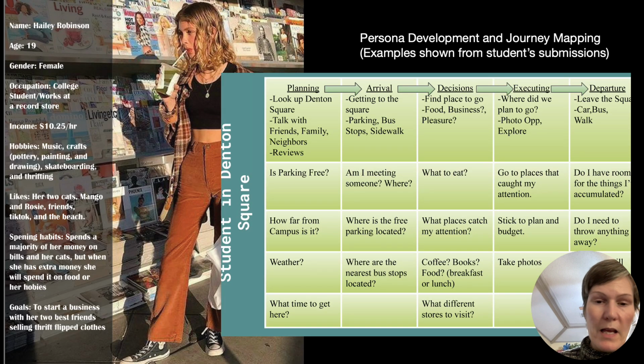So the students then created various personas based on who they observed from the Denton Square, and then created various journey maps, which were narrative storytelling devices to discover what the needs for their community members might be, their daily habits.